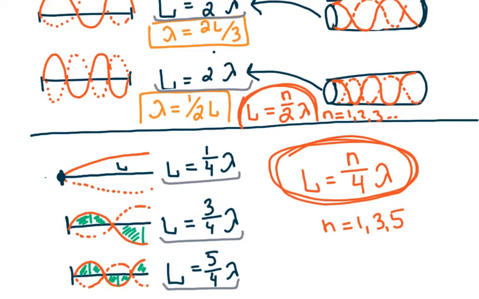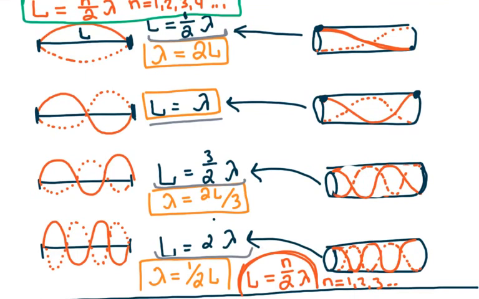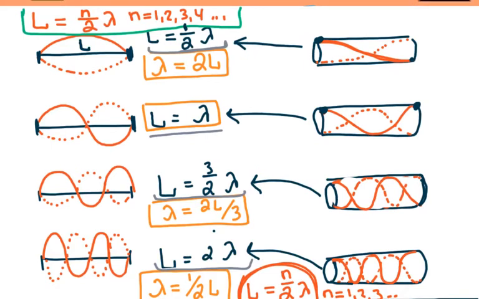It has odd numbers for n. So if you have an odd situation where one side is open, one side is closed, it only has odd numbers for n, and it's over quarters. And if you have an even situation where both sides are open or both sides closed, n is equal to 1, 2, 3, 4.